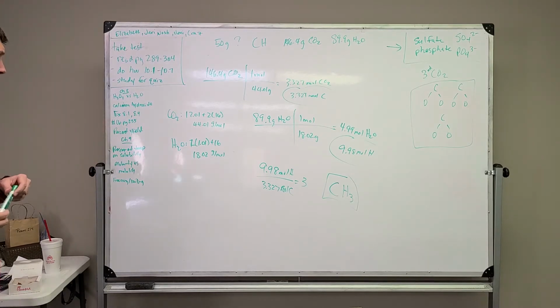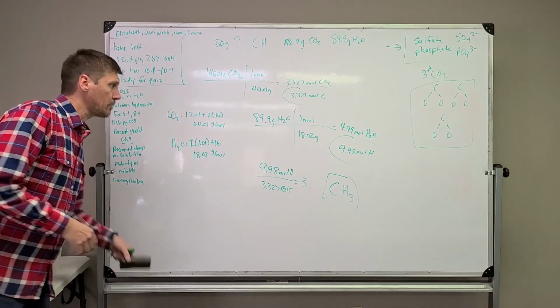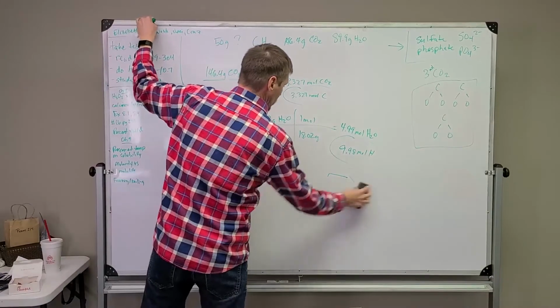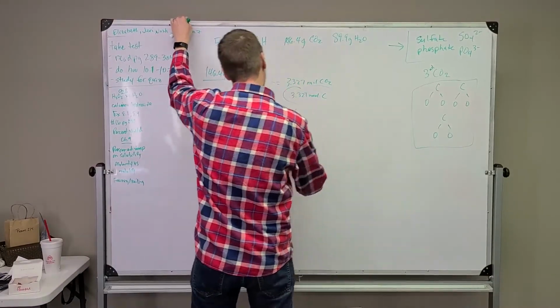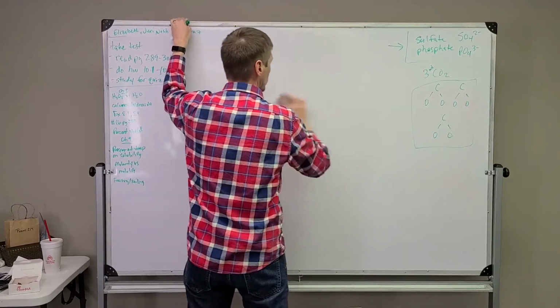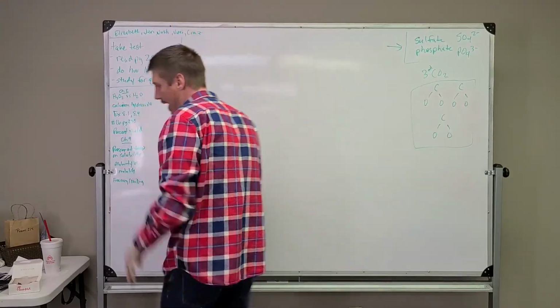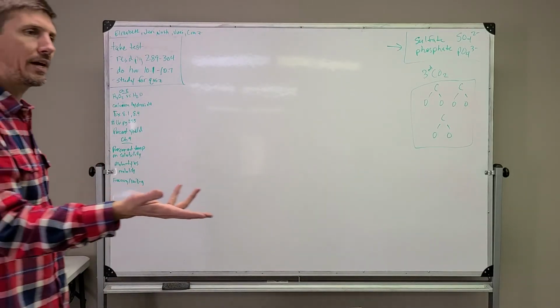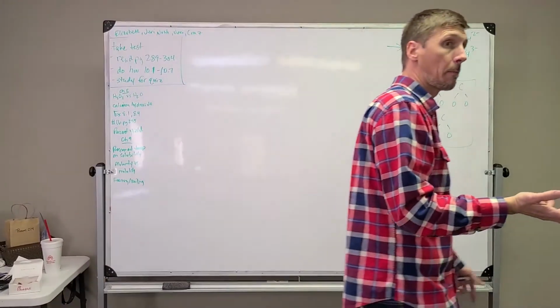All right, let's talk about chapter 9 real quick. We talked about the effect in chapter 9 of pressure and temperature on solubility. And so if I have a gaseous solute, so a gas that I'm dissolving into something else, and I increase the pressure, does the solubility of that gas increase or decrease?